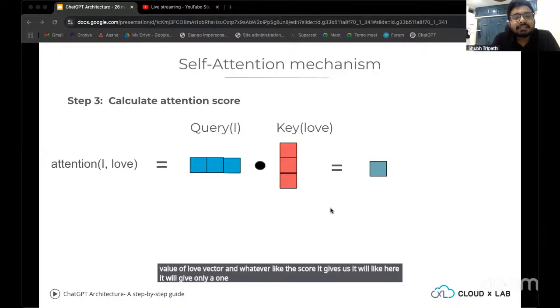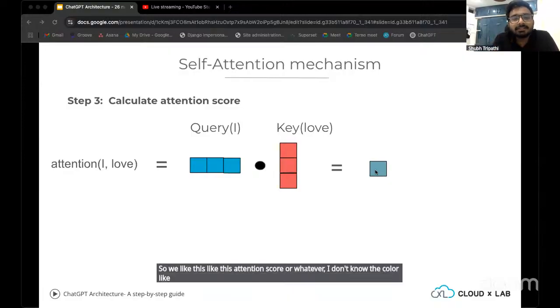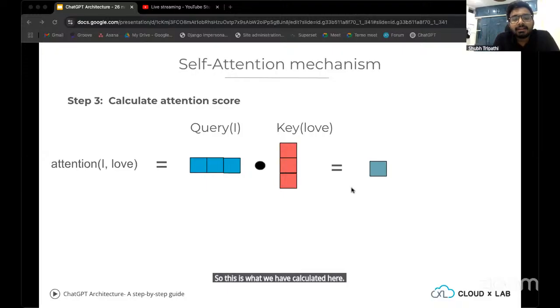This attention score, the grayish blue block which is here, represents how much attention, what is the relevance between the word I and love. So this is what we have calculated here.